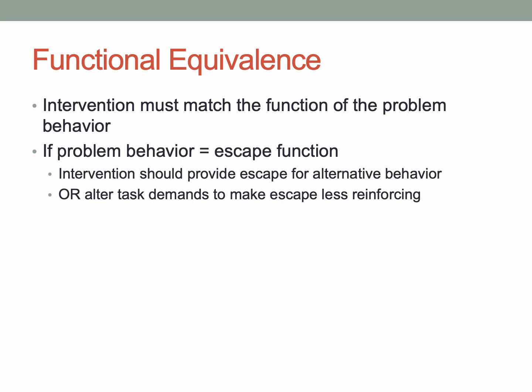You will teach the alternate behavior, but the alternate behavior should allow the person to escape from the situation. Or you can alter task demands, so you can delay escape a little bit, but eventually the child can escape from the situation.